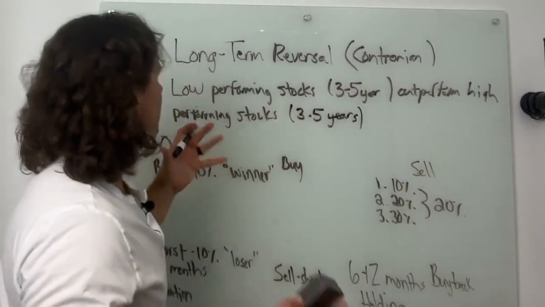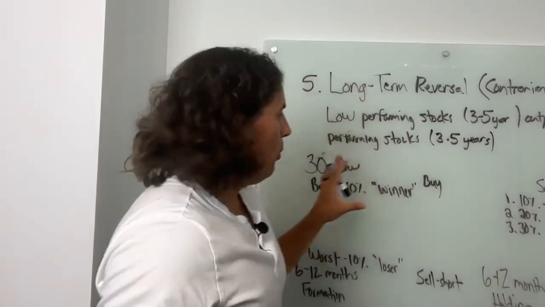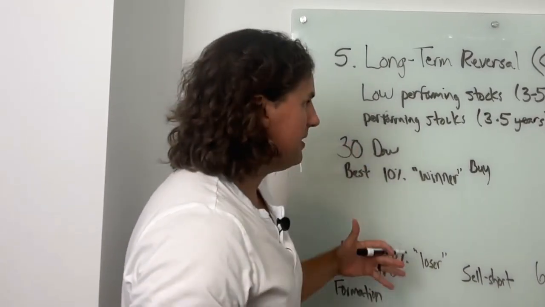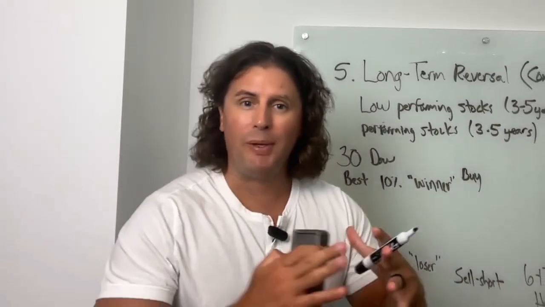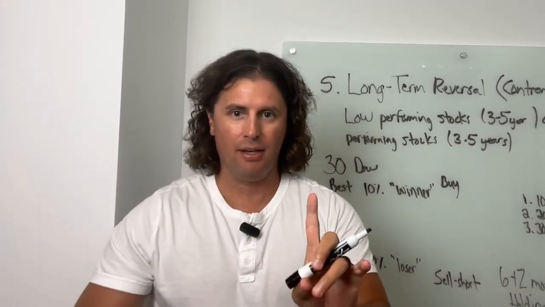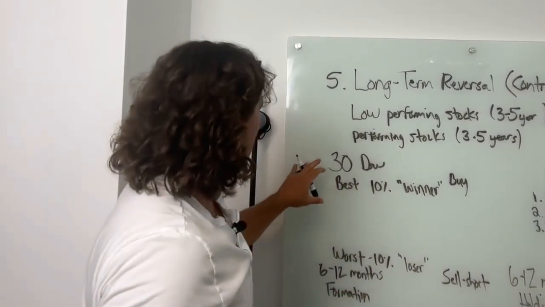And that's where we say there's going to be a long-term reversal. And once again, the structure is going to be set up similarly, but when we extend the time frames, the strategy is the opposite.